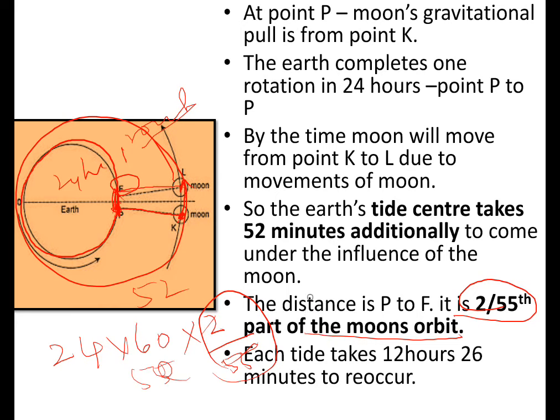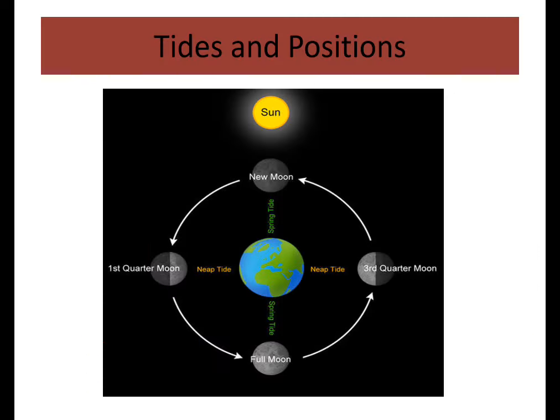This is divided again, and we get 26 minutes. So that's how the tide center shifts: after every rotation the tide center takes 52 minutes additionally to come under the influence of the moon. That's why each tide takes 12 hours 26 minutes to reoccur.